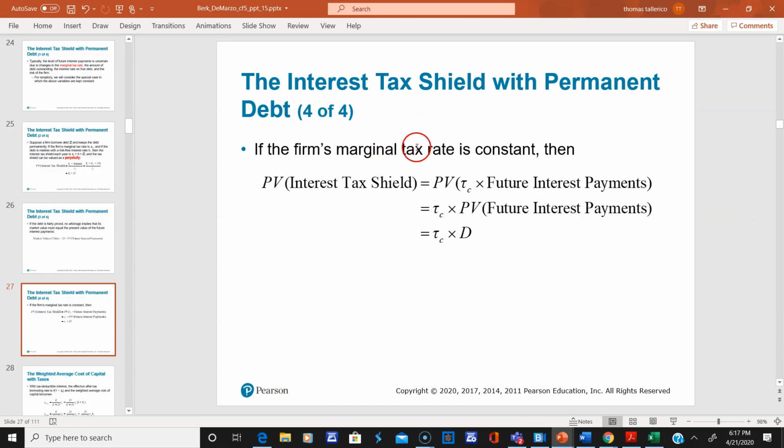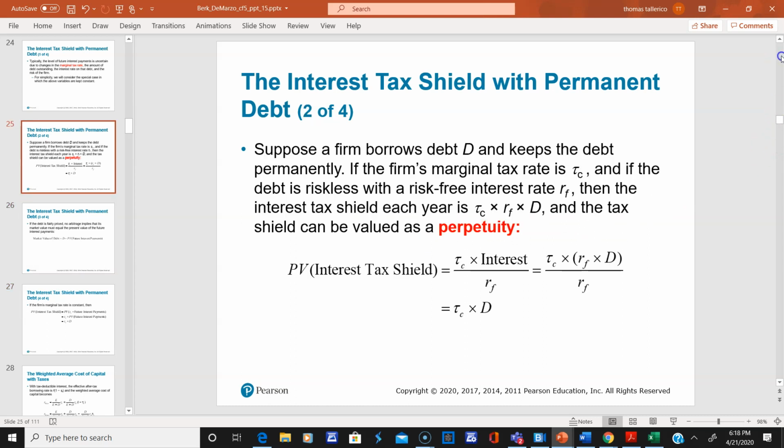So if the marginal tax rate is constant, then the present value of the interest tax shield is the present value of the corporate rate times the future interest payments, or you pull TC out, and basically TC times the present value of the future interest payments is, as we just said, equal to the current value of the debt. So the present value of the interest tax shield is TC times D, and I think we saw that a couple slides back, right? And there it is. So we kind of proved that, right?